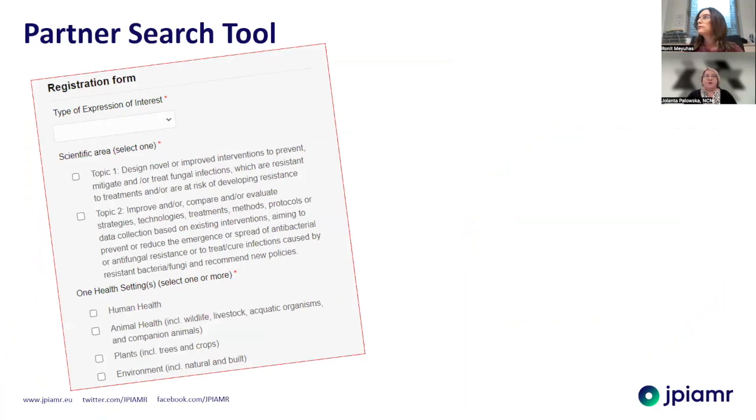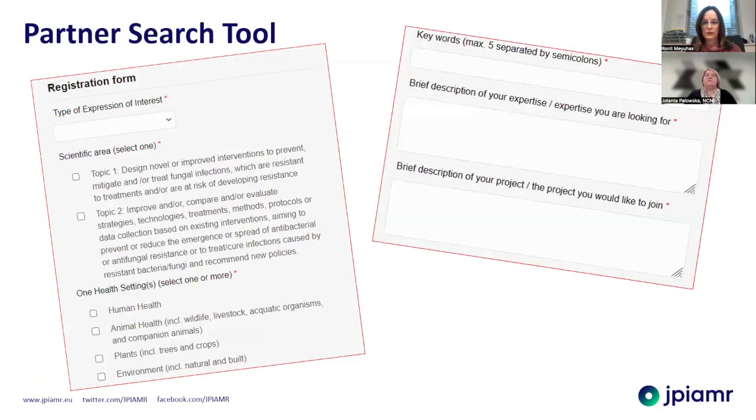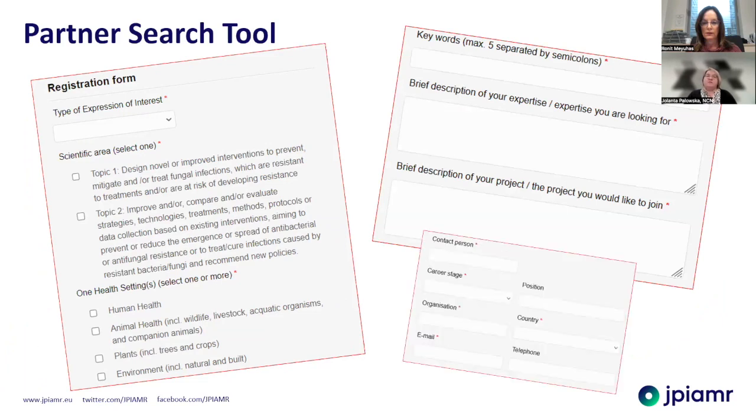In the first part, we ask you to tick the areas and One Health settings that are relevant to your situation. Then there are some descriptive questions. And finally, there is the contact information section, which is extremely important because you will be contacted by other researchers interested in cooperation only if the contact information you provide here is up to date and reliable.